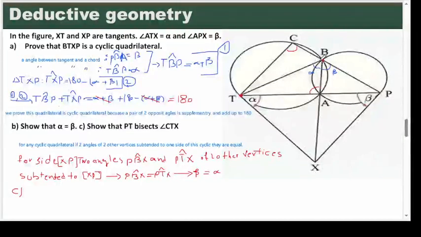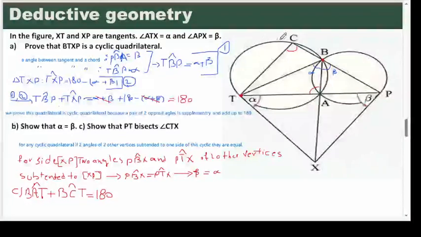So if I get angle BAT, which is a circumference angle, plus angle BCT, we know they add up to 180 because this angle is subtended to this arc TB, and angle BAT is subtended to this arc.